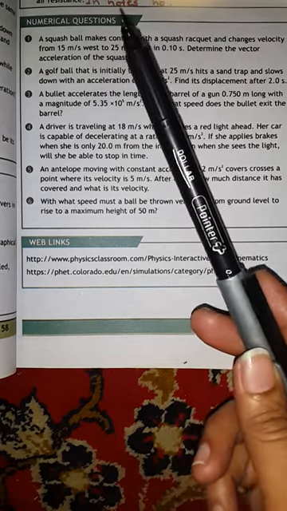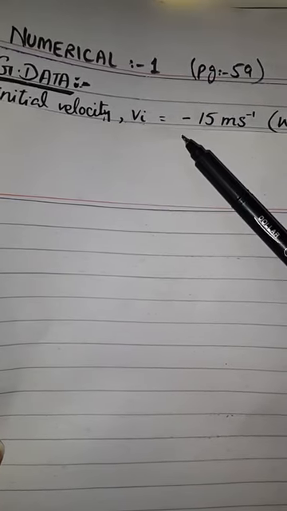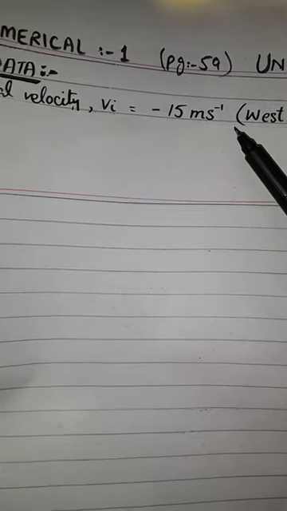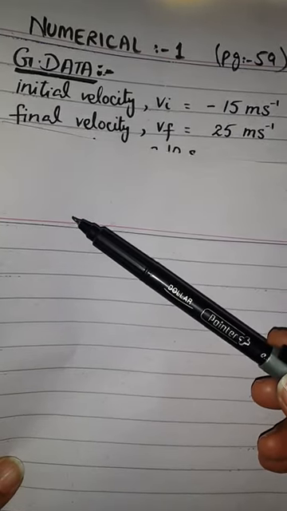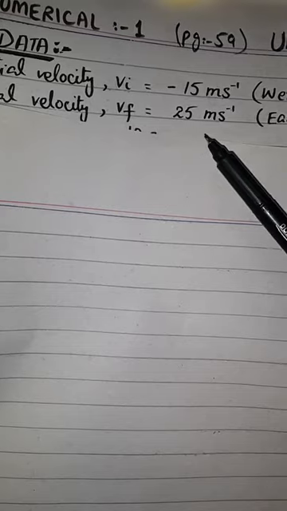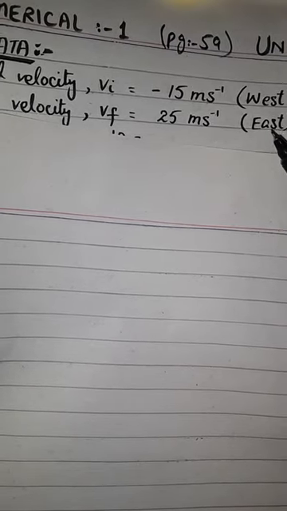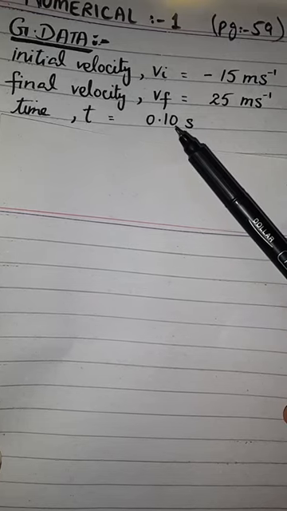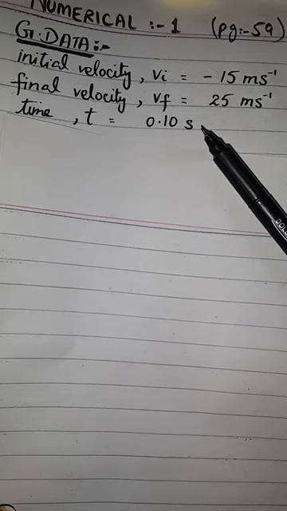So our given data will be: initial velocity is minus 15 meter per second west, final velocity is 25 meter per second east, and the time is 0.10 second.